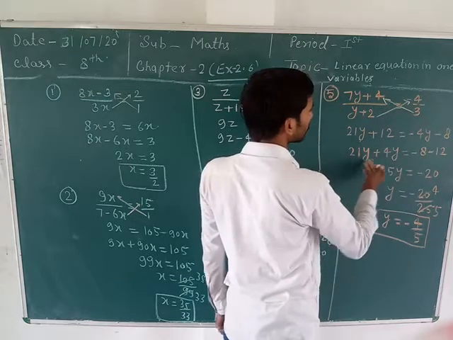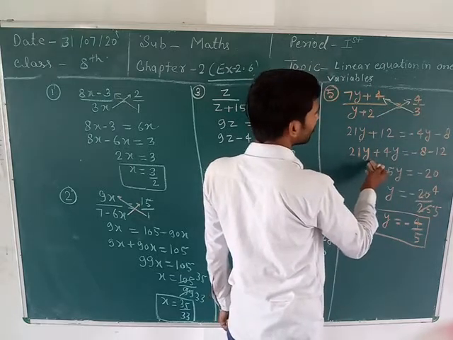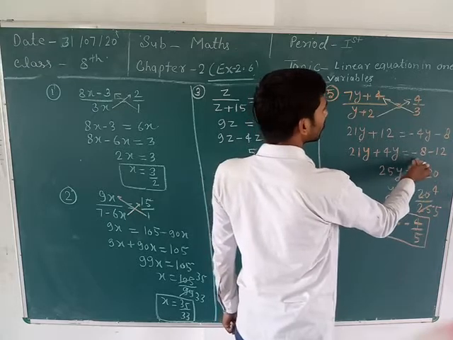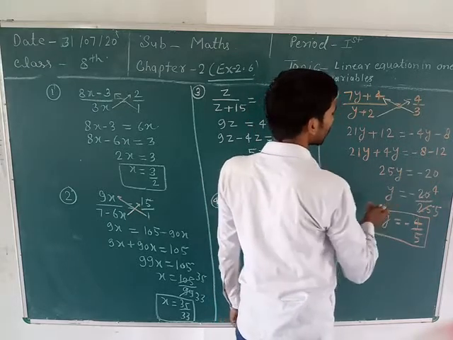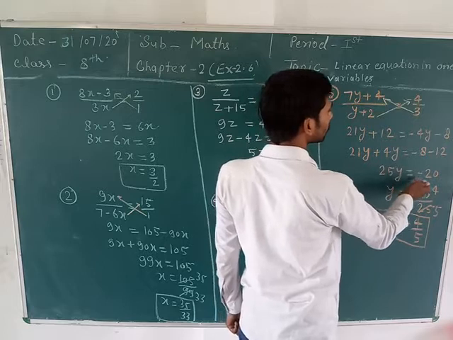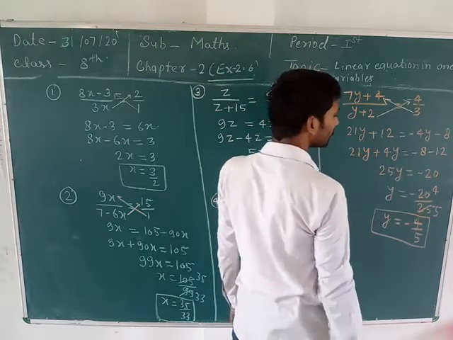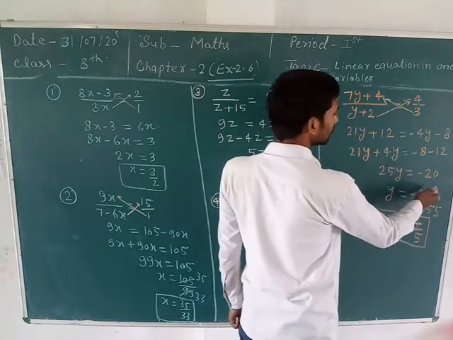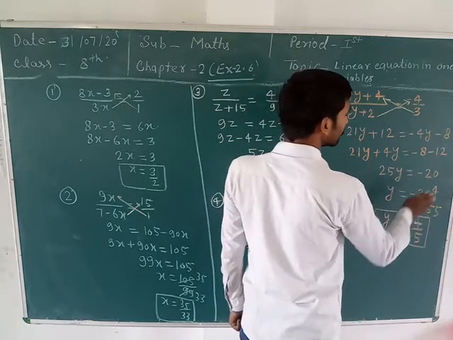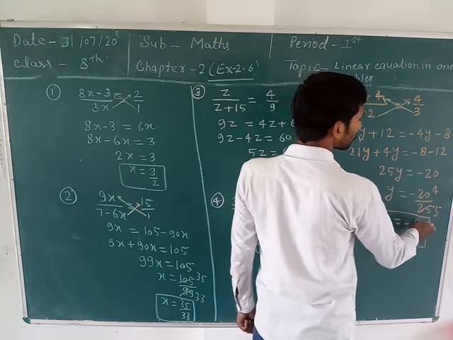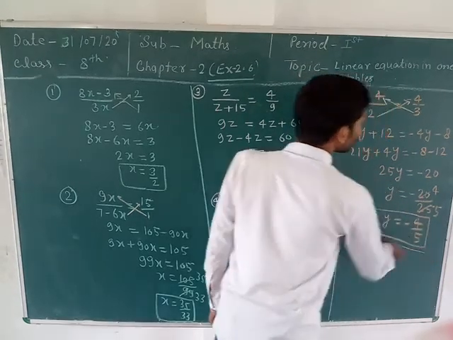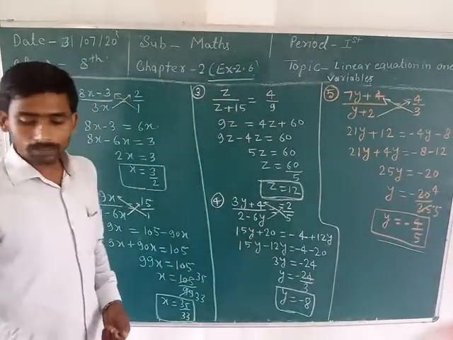By the transferring rule, 21y plus 4y equal to minus 8 minus 12. Then 25y equal to minus 20. Then y equal to minus 20 upon 25. When we reduce it to lowest form, we get y equal to minus 4 upon 5. This is the answer of your question number 5.